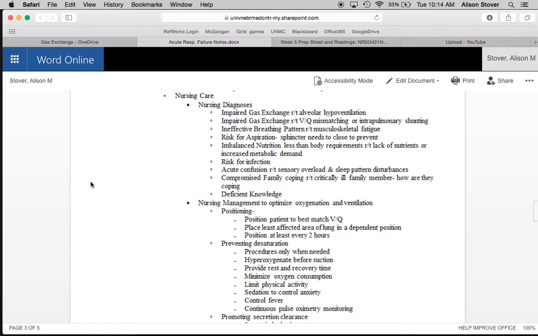So in your nursing diagnoses questions, anything that's priority, think A, B, C's. Airway, breathing, circulation. If it's an airway problem, then that's going to be your priority. If it's a breathing problem, then that comes secondary to airway. I mean, obviously. So be sure to keep those in mind when you are prioritizing your nursing diagnosis and even your nursing interventions and actions.